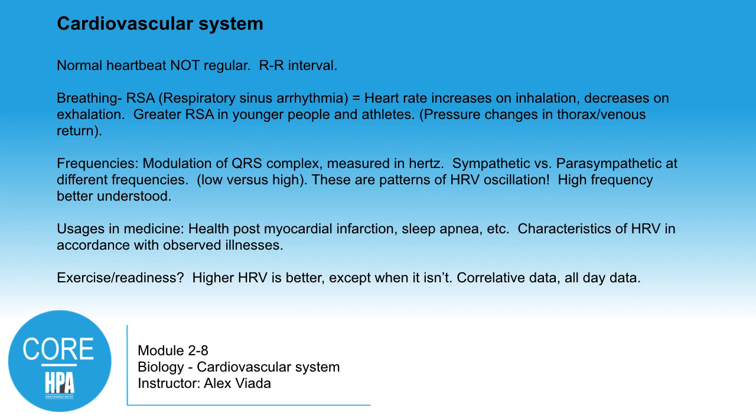But just note that if you're reading on HRV and you hear high frequency HRV is associated with parasympathetic and low frequency is associated with sympathetic, what they're referring to are patterns of HRV oscillation. In other words, patterns of interval changes in that RR interval that are associated with the predominance of certain systems. A lot of times in medicine, HRV is used to assess things like recovery from heart attacks. When we look at things like sleep apnea, we'll see certain patterns of heart rate variability.